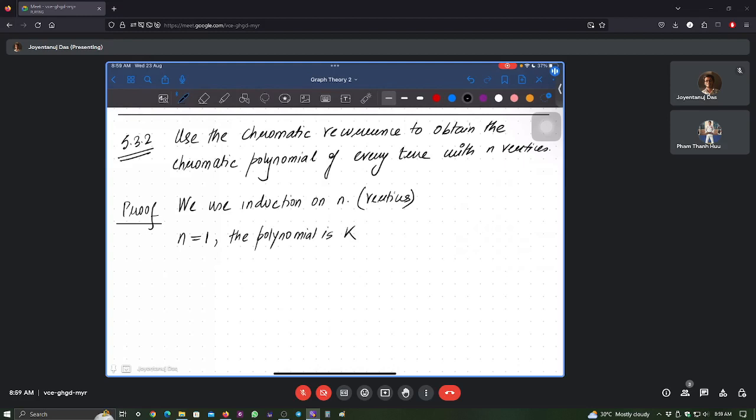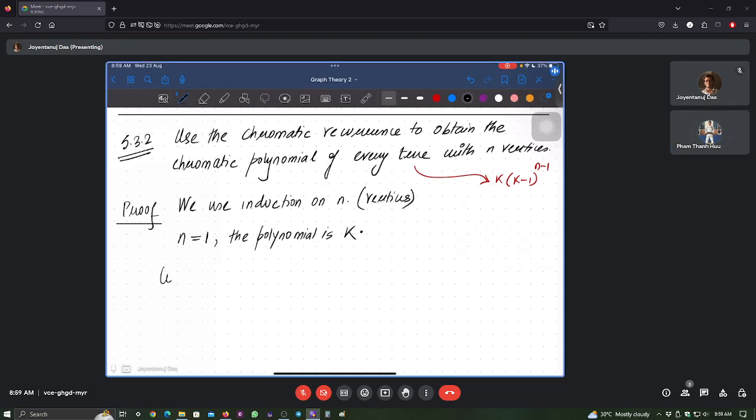The claim is that the chromatic polynomial will be k into (k minus 1) to the power n minus 1. The result is true for n equals 1, since there is only one vertex and it can be colored in k ways.